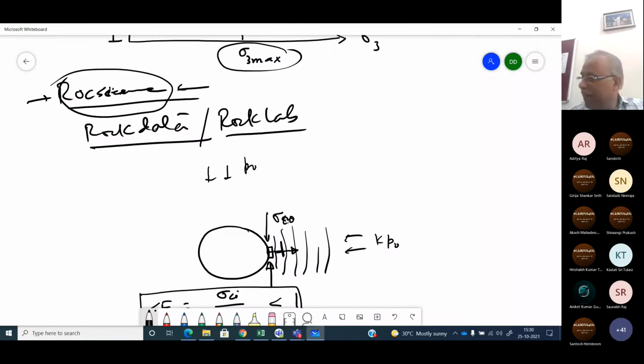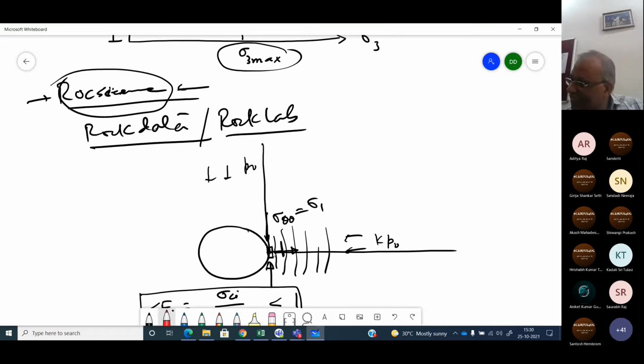You are saying this is sigma 1, right? Then what is sigma 3? Remember sigma RR. I plotted it: sigma 3 increases and sigma 1 decreases.